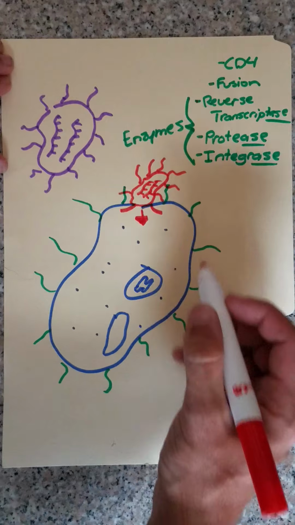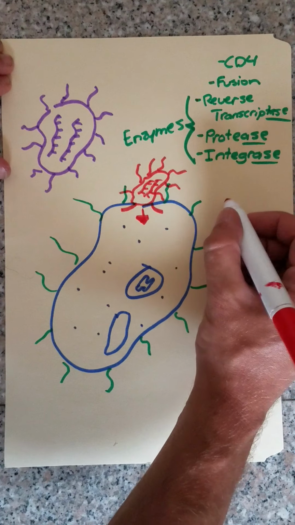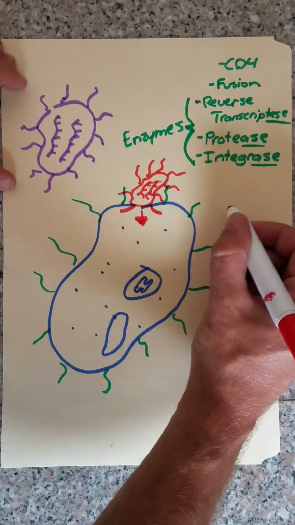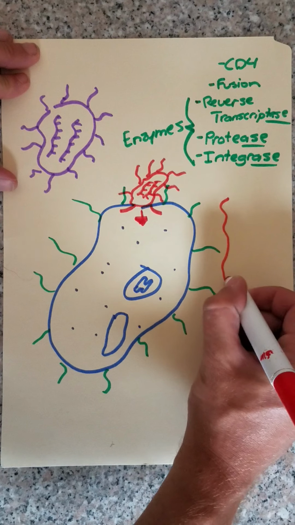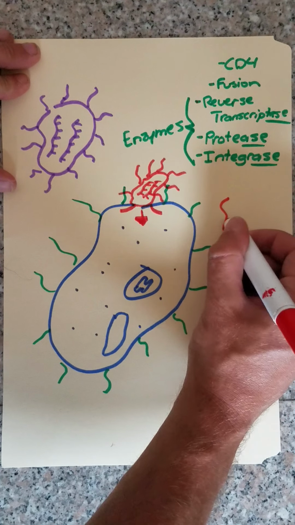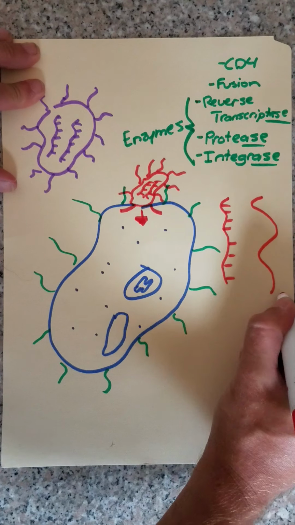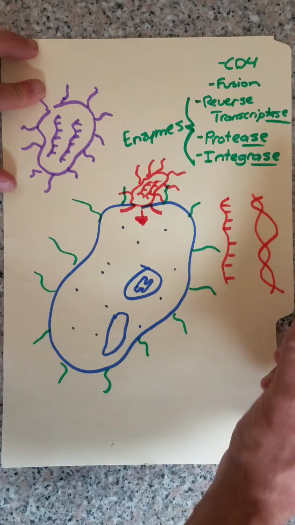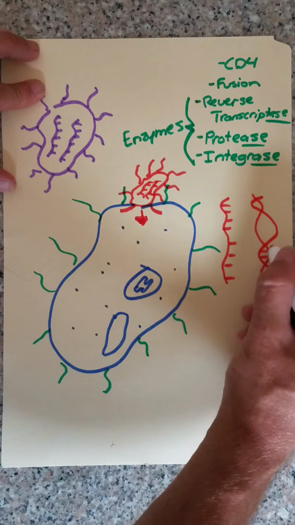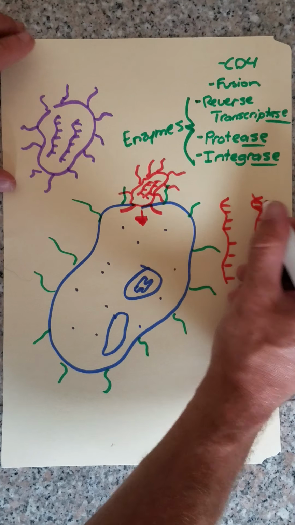Okay, so it's going to come into the cell. First thing that's going to happen, remember, the HIV is an RNA virus. That RNA is going to turn into DNA. This is a process called reverse transcription, and the name is fitting because reverse transcription is very similar to normal transcription.